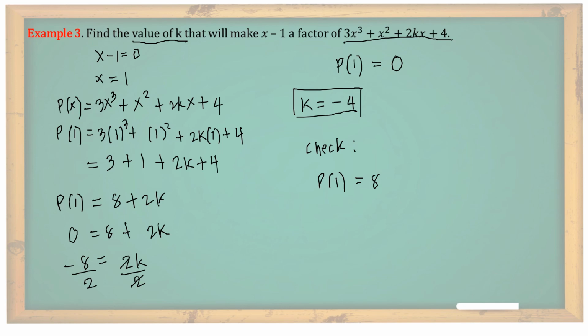Yung k palitan lang natin ng negative 4. Tingnan natin kung 0 ba yung kakalabasan. Kapag 0, ibig sabihin factor siya. 8 plus negative 8 is equal to 0. Okay, so therefore, tama class. Si k is equal to negative 4.